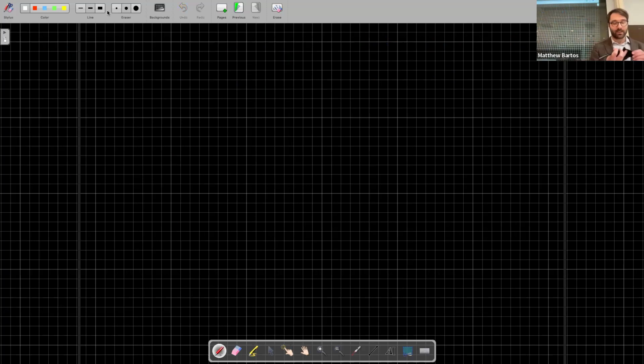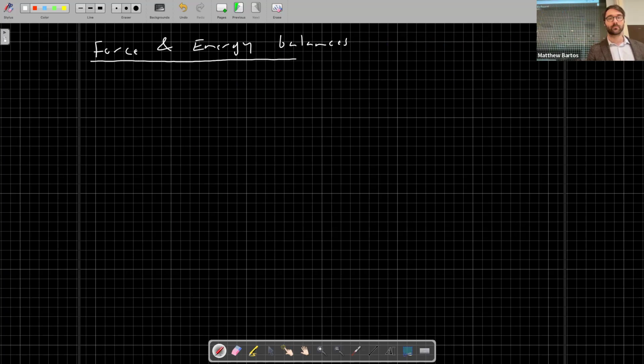So we're going to be looking at force and energy balances. Let's take a look at pipe flow first. So let's say we have a pipe, we're at some angle to the horizontal.